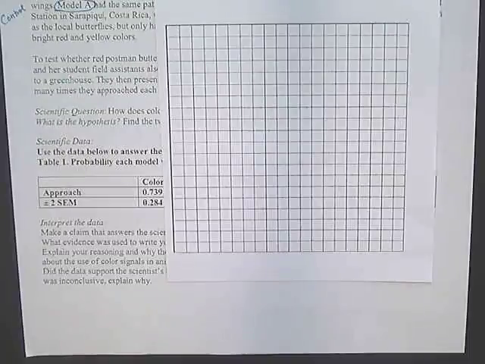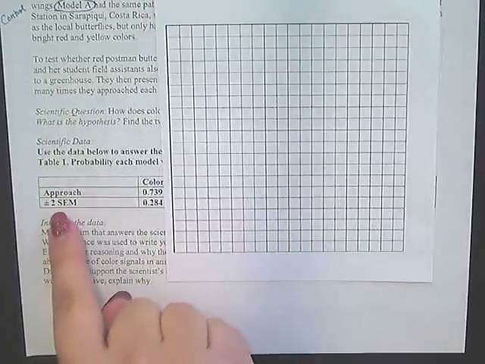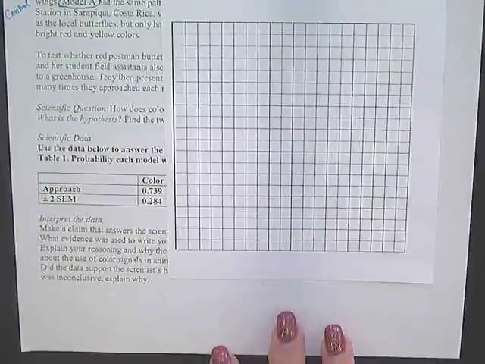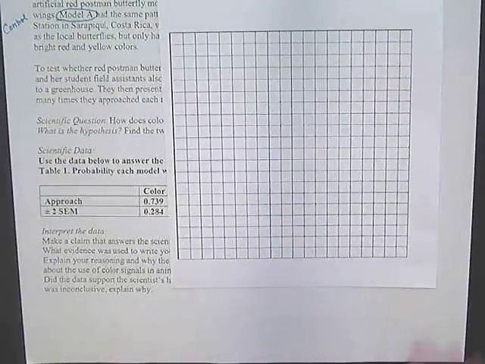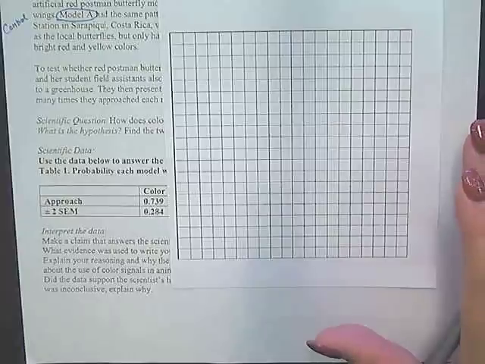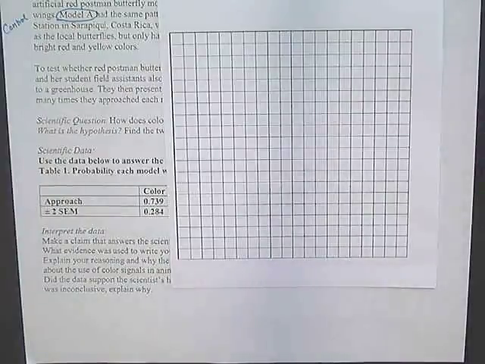Keep in mind that this standard error of the mean has already been multiplied by 2. We're already doing 2 standard error of the means. So go ahead, press pause on the video, add this to your notebook at the top of page 27, and then when you are ready, go ahead and hit play again to see the answers.